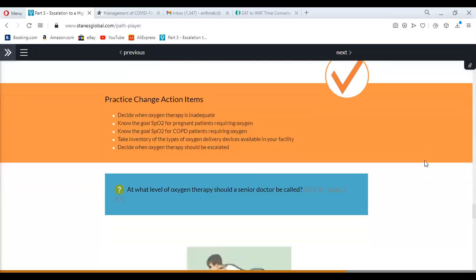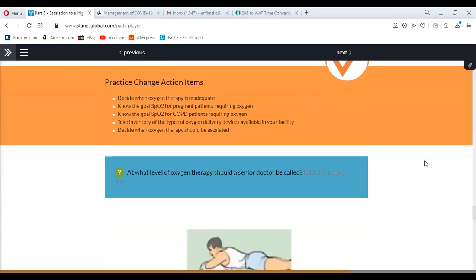Now, talking about this, the inventory of the types of oxygen delivery devices, we should know the resources we have. You assess what you have, like you want to escalate now and you don't have the facilities to render the high flow nasal cannula therapy, or you don't have facilities to intubate and ventilate, then you know you need to transfer this patient out of your facility to another facility that has these resources.